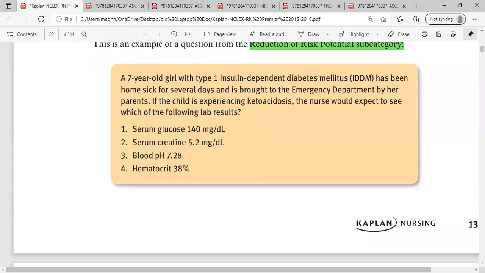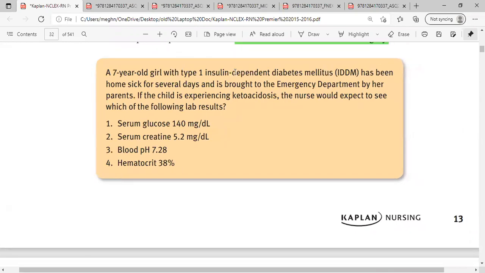Not type 2. Type 2 is more common in adults. So what are the keywords? 7 years old, type 1 diabetes, which is insulin dependent, but type 2 is non-insulin dependent, and has been home sick several days and brought to the emergency department by parents, and the child is experiencing ketoacidosis.